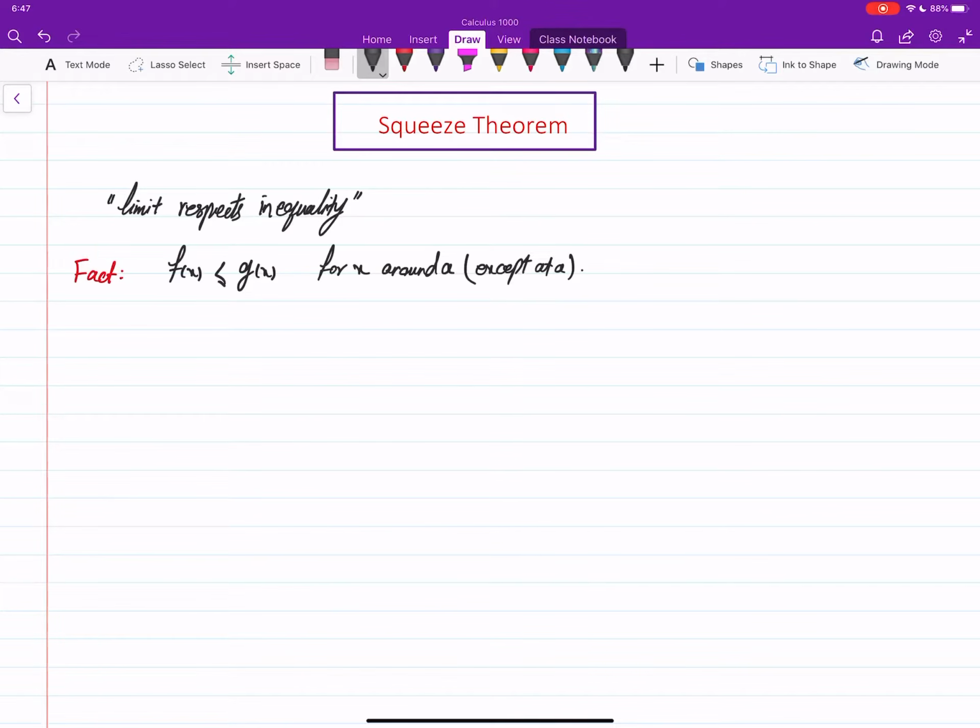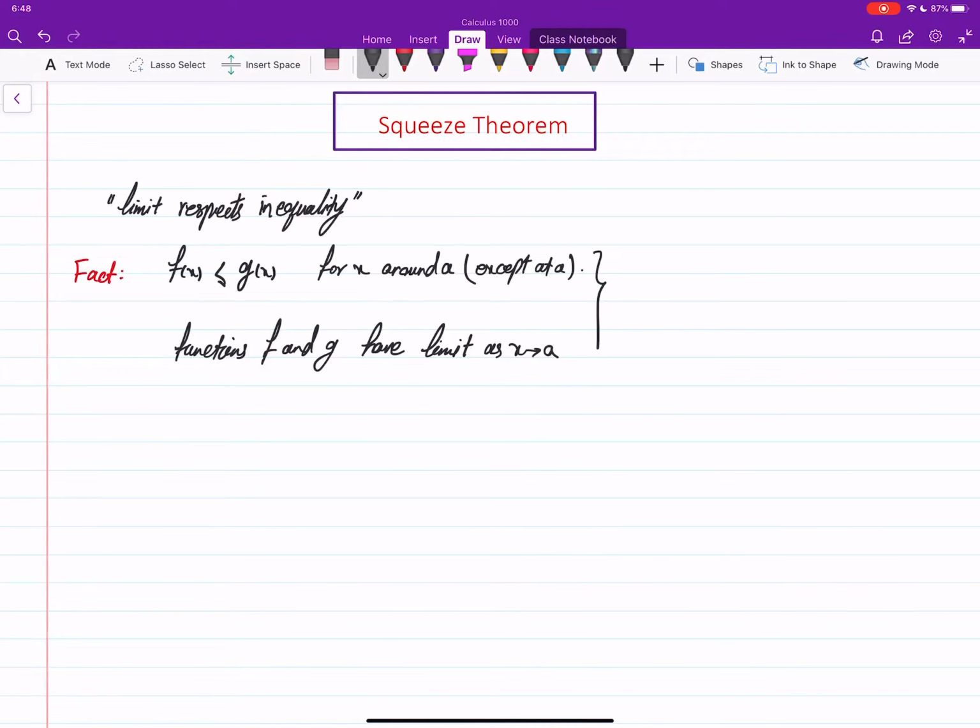And we know that the functions f and g have limits as x approaches a.